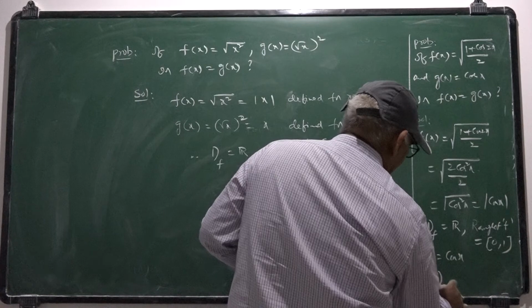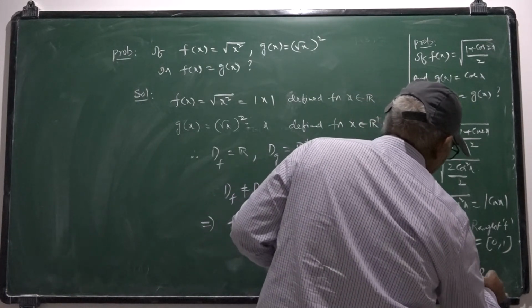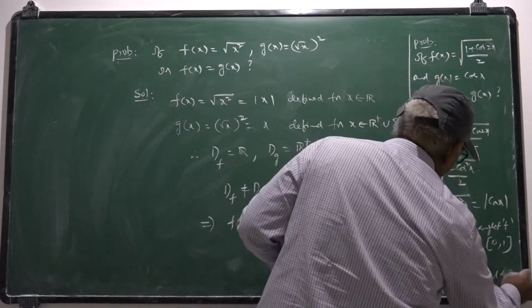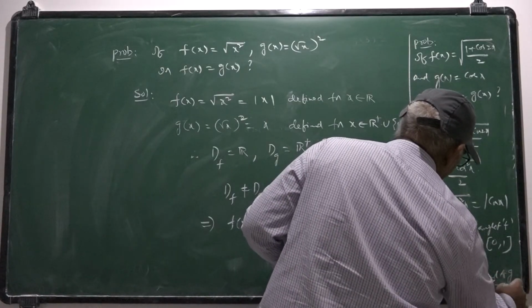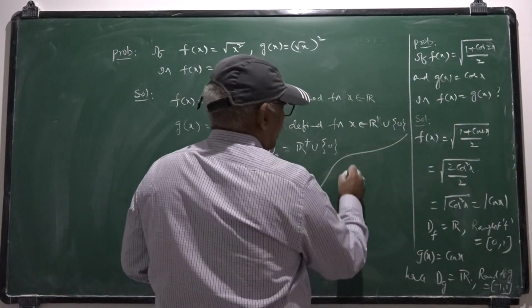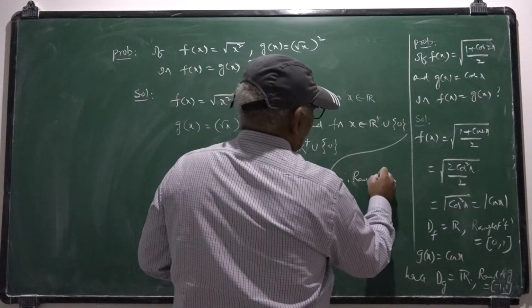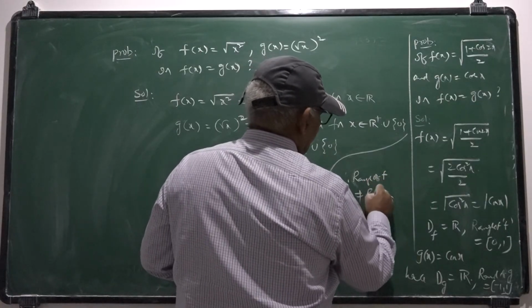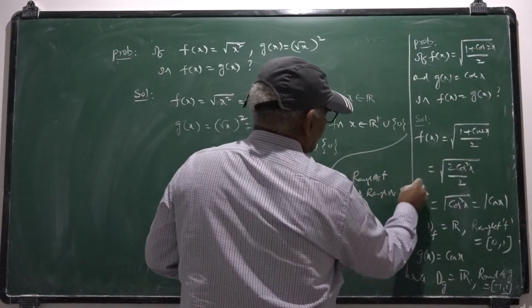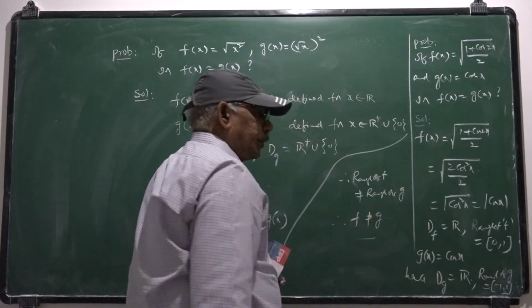Hence, the domain of g is also set of reals, but the range of g is minus 1 to 1. Therefore, the range of f is not equal to the range of g. Hence, f not equal to g.